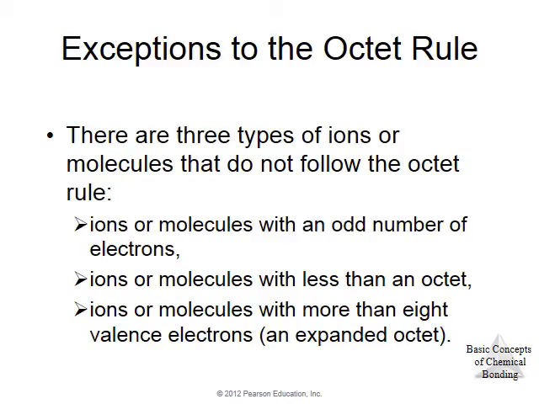Now we are going to talk about exceptions to the octet rule. There are 3 types of ions or molecules that do not follow the octet rule. First, ions or molecules with an odd number of electrons. Since octet means an even number, you cannot have an octet with an odd total number of valence electrons. Secondly, you may have an insufficient number of electrons, so that you may not have an octet.